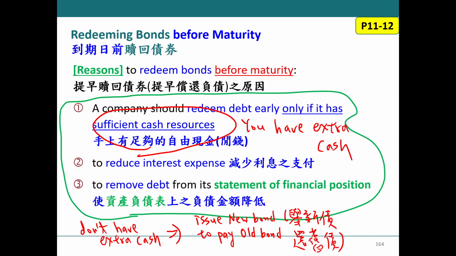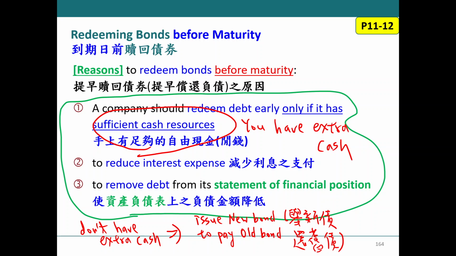J, lower or higher? 你想想,你现在要借钱,你要借钱代价要比较多还比较低?Market interest rate today should be lower than before.